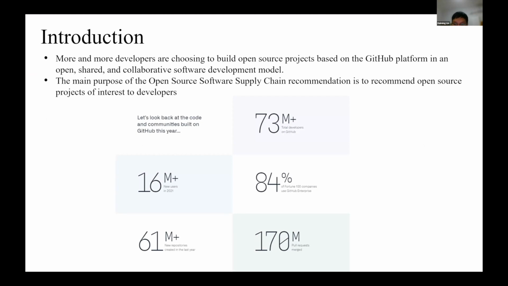According to the 2021 annual report published by GitHub, there are over 610 million new developers and 61 million newly created repos. The main purpose of open source software supply chain recommendation is to recommend open source projects of interest to developers and to establish more connections between the vast number of developers and open source projects.